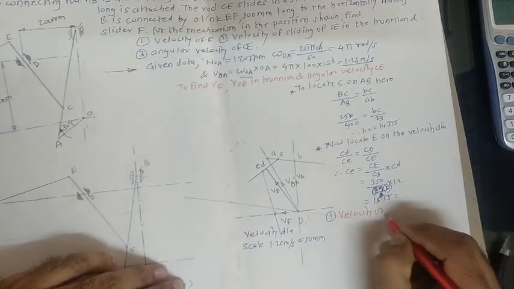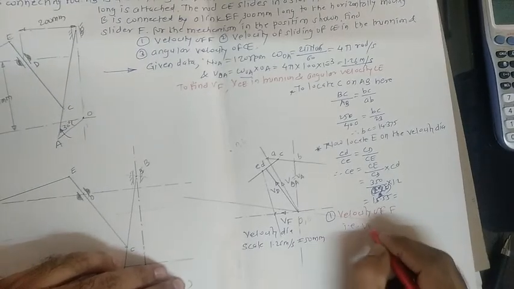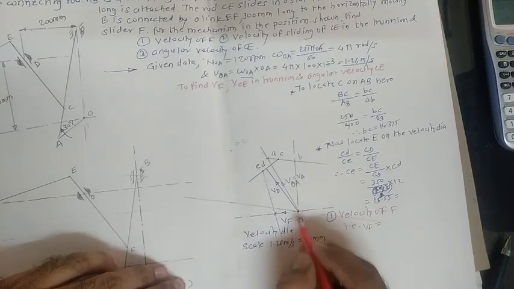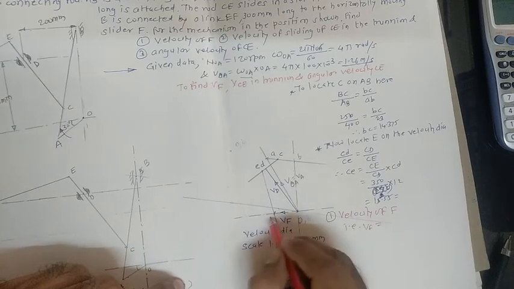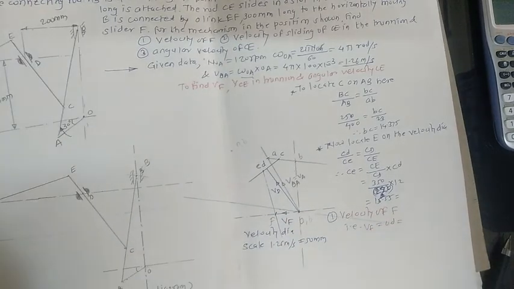Velocity of F, that is EF equals to, measure this one. So O point is here, F is here. Measure this OD and convert it to true scale. So we can get that.